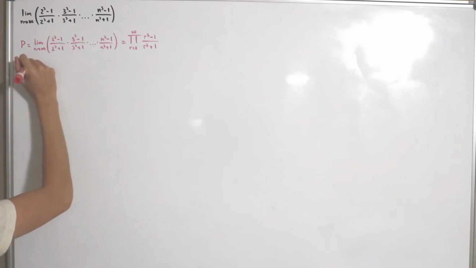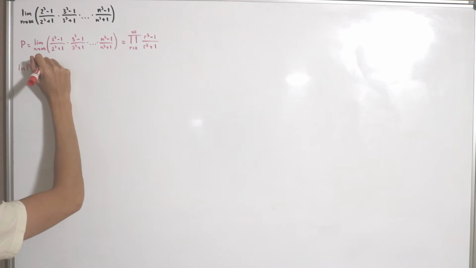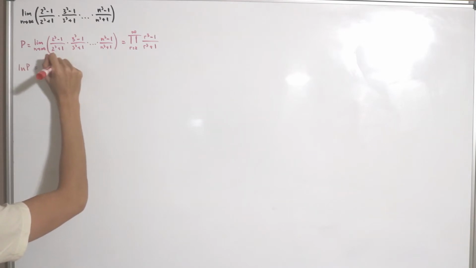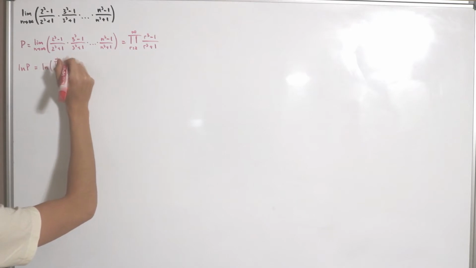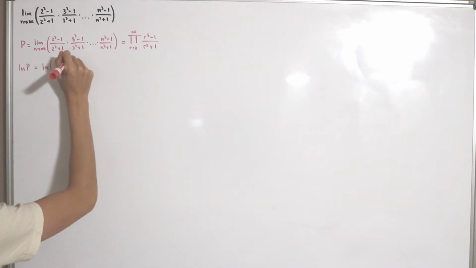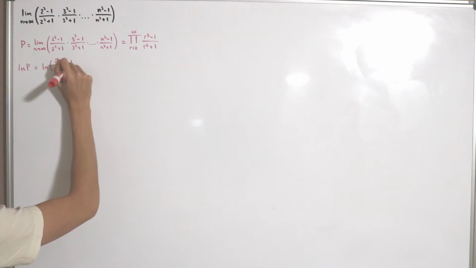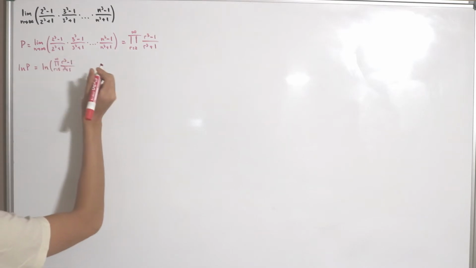So the natural log of P equals the natural log of the product from r equals 2 to infinity of (r cubed minus 1)/(r cubed plus 1).